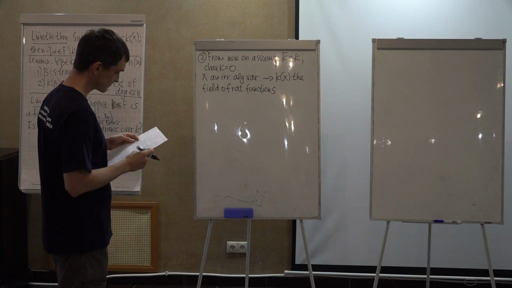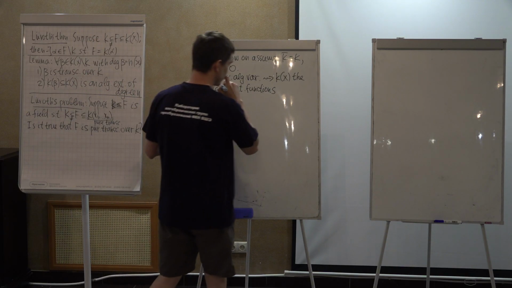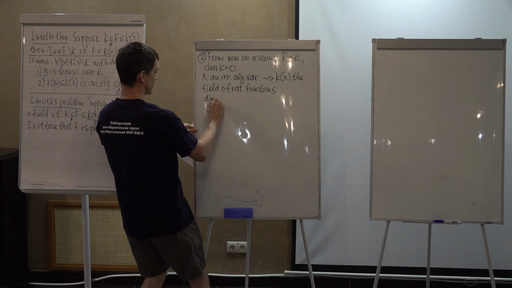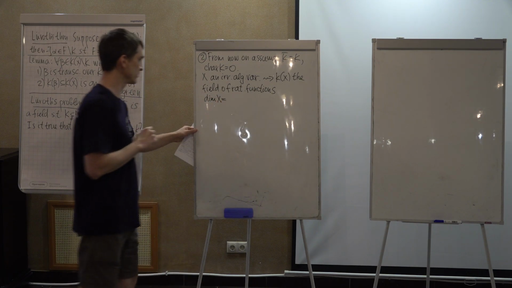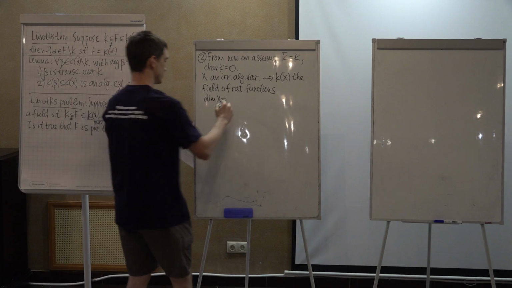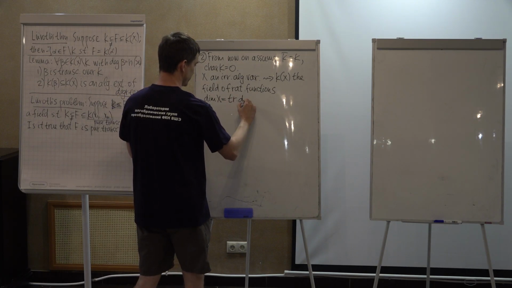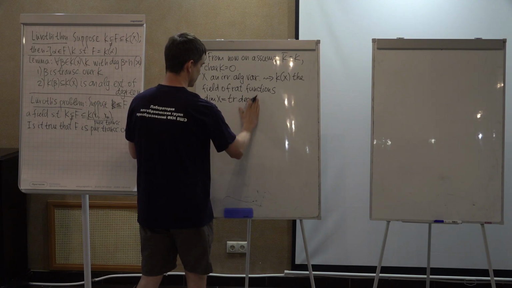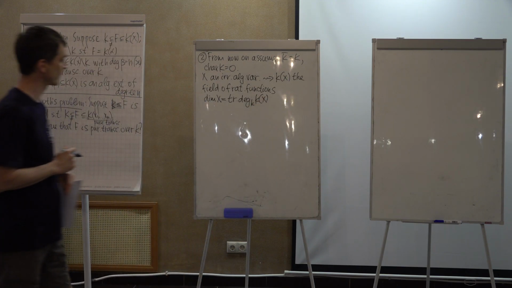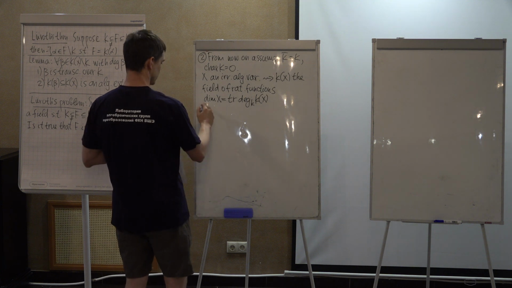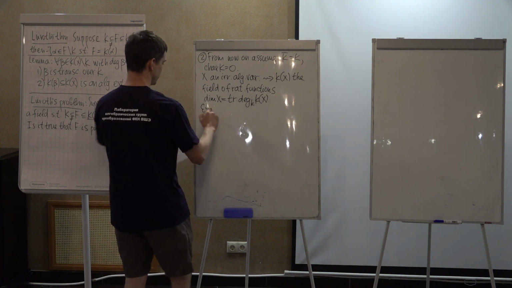All right. It's important to notice that the dimension of X can be expressed in terms of this field. So this will be just the transcendence degree of this K(X) over K. Right? So maybe a standard example.